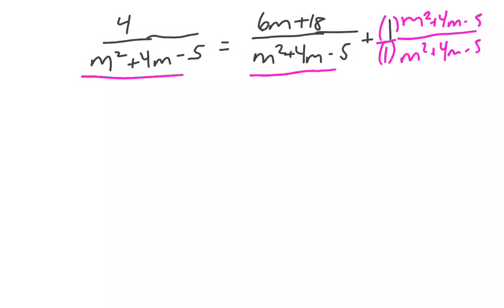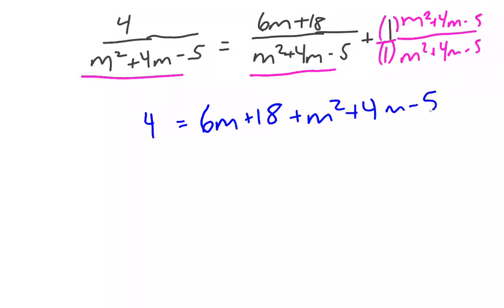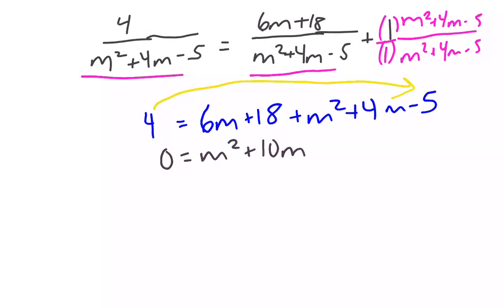Alrighty, so if I just write my numerators, that would be 4 equals 6m plus 18 plus m squared plus 4m minus 5. And for many reasons, I'm just going to subtract that 4 over. And once I combine like terms and get everything in standard form, that would be m squared, 6m plus 4m is 10m, 18 minus 5 is 13, minus another 4 would be 9.